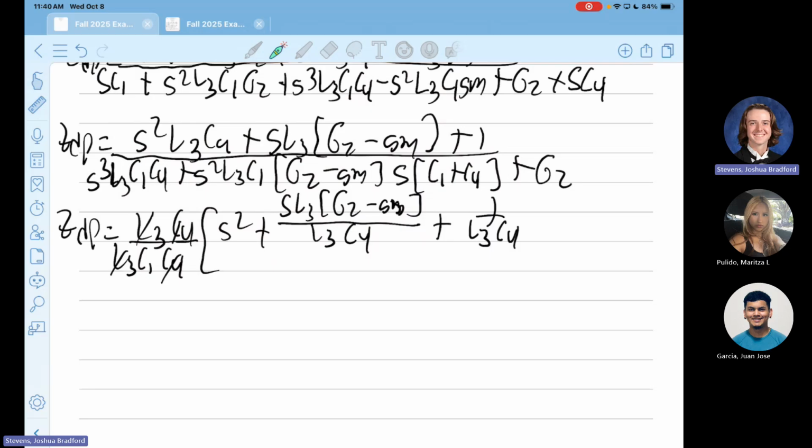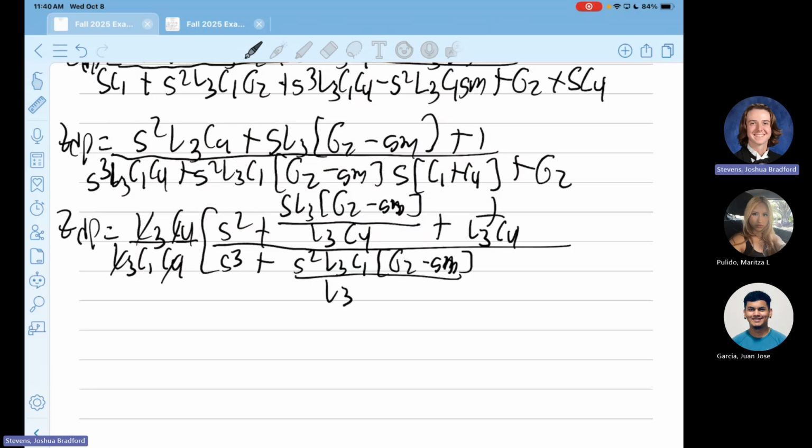Is this looking familiar for y'all? Cool. All right. Same thing to the denominator, just a little more messy. Okay, S to the third. We understand why, we factored out the L3C1C4, right? Okay. All right. So then that becomes plus S squared, L3C1, G2 minus GM over L3C1C4.